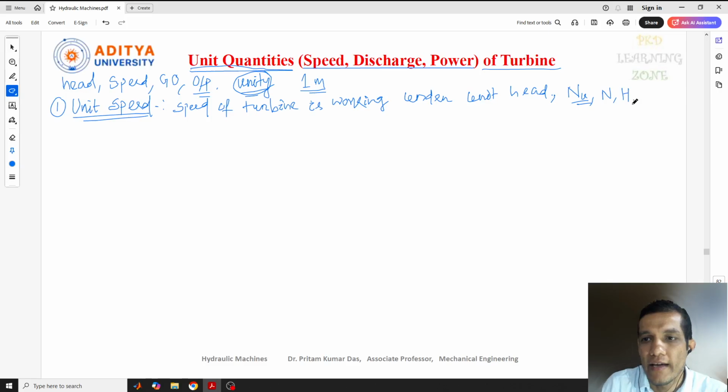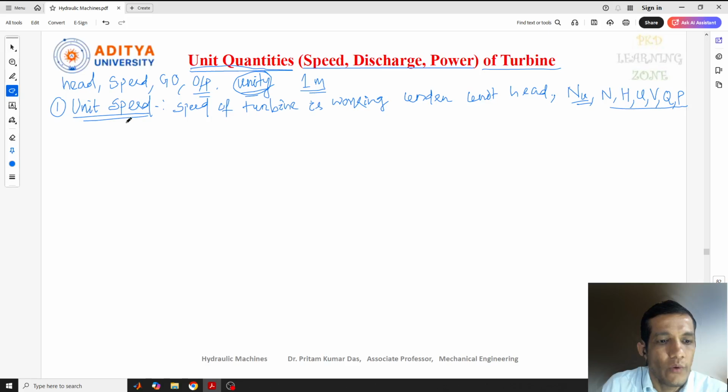H is the head under which the turbine is working. Small u is the tangential velocity. Capital V is the absolute velocity, or you can say the jet velocity. Q is the discharge, and finally we have power. So these are some terminology we need to remember.